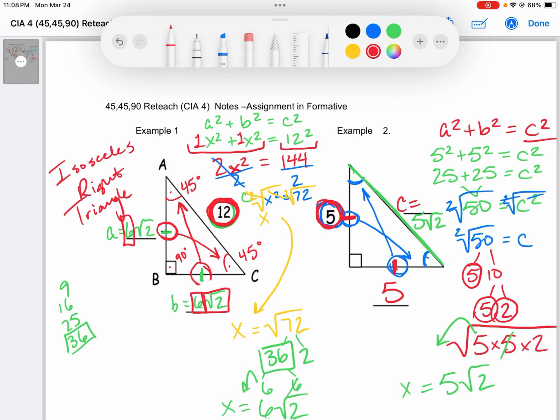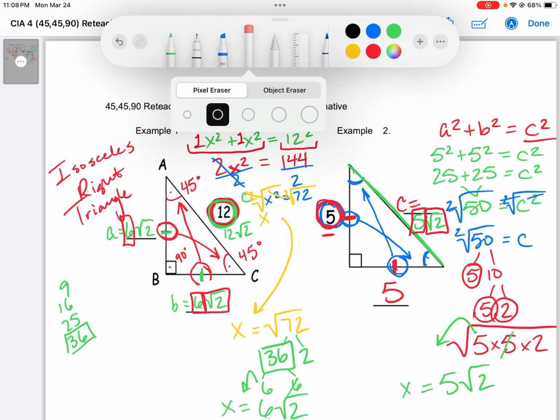So this one, where they gave me the sides and the sides were a whole number, all I did was take that same number and add square root of 2 behind it. So you might be asking, okay, why isn't this one over here 12 square root of 2? 12 square root of 2 is greater than 12.